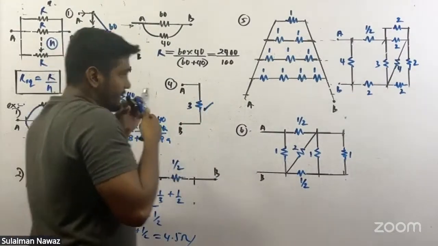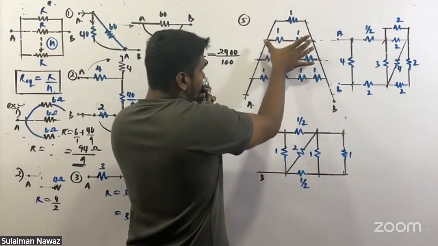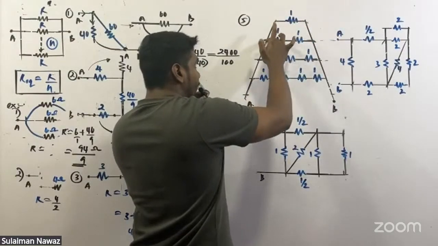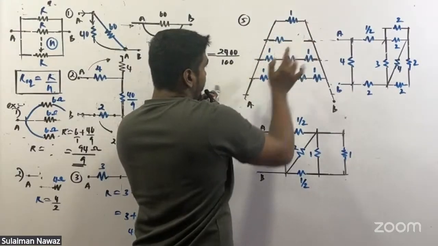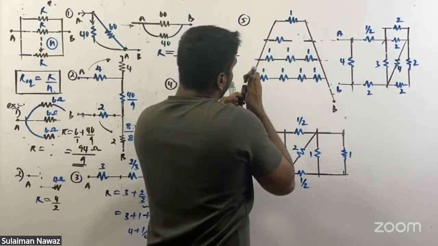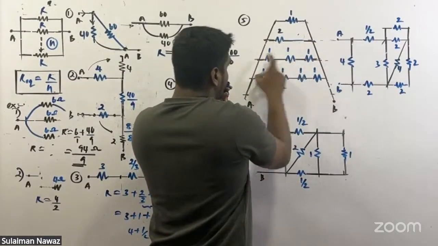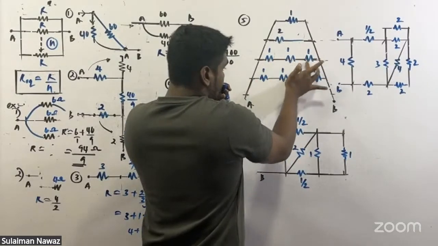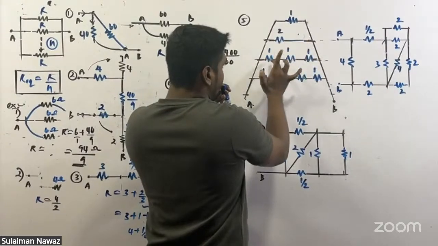And this is a very simple story. See this idea. When you consider these 2 points, equivalent is 1 ohm. When you consider these 2 points, equivalent is 2 ohms. And then when you consider these 3 points, so these 2 points, there are 3 resistors in series. Equivalent between these 2 points, 3 ohms.